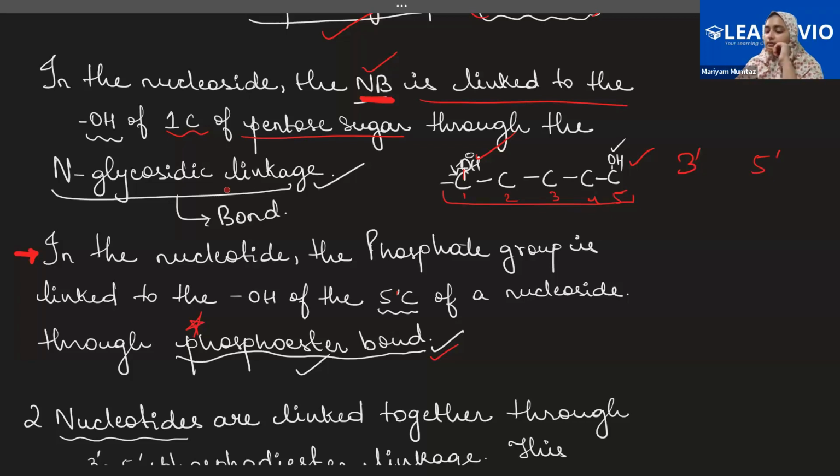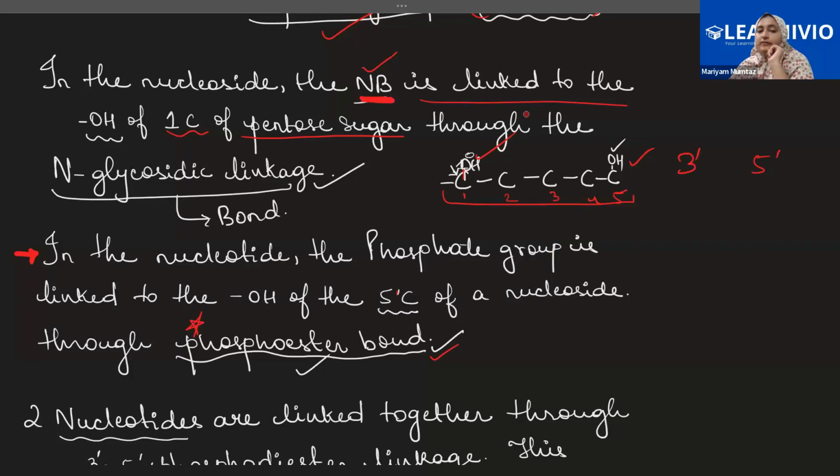Read it and answer. Where is the N-glycosidic linkage formed? Tell me. In the nucleoside. Hmm? In the nucleoside.